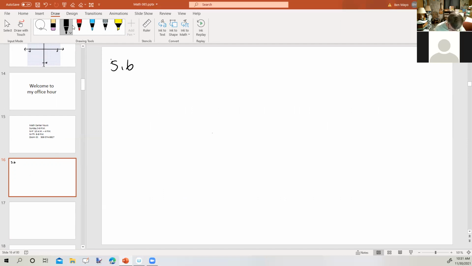Let's say we've got something like this, basically a monomial. Negative 2a cubed times 11a squared. So that's negative 2 times 11, negative 22. A cubed times a squared is a to the 5th power.